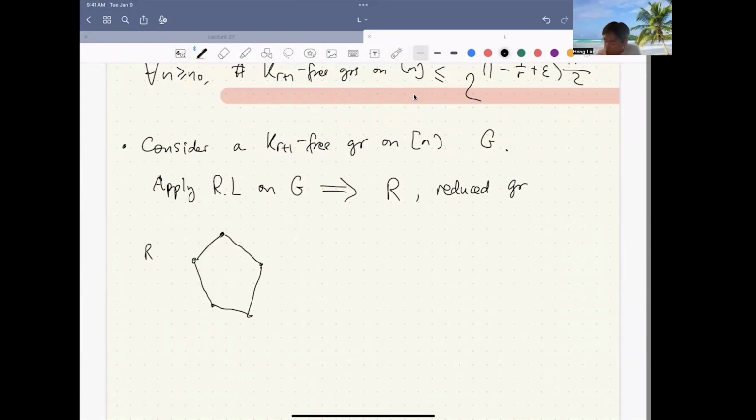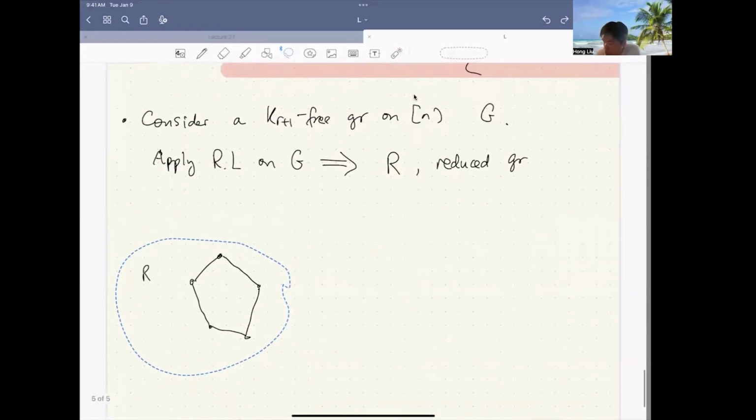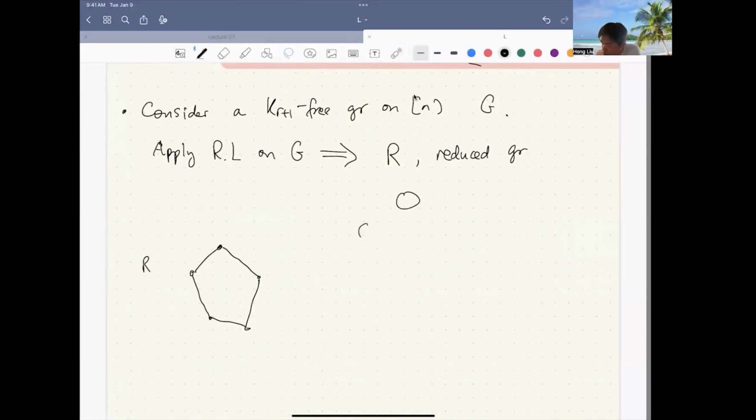We also get some graph that corresponds to this.